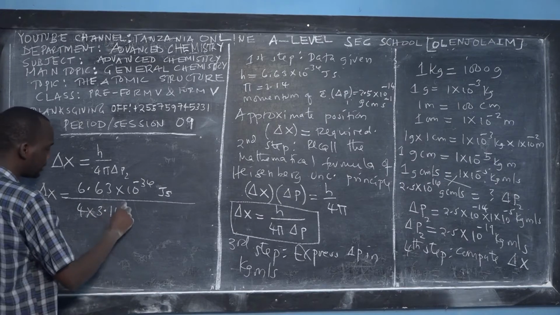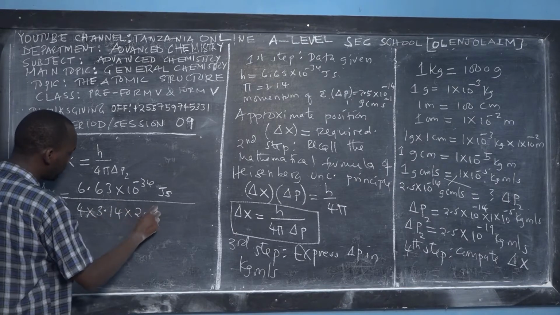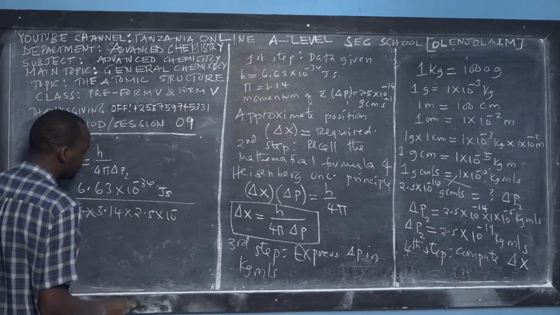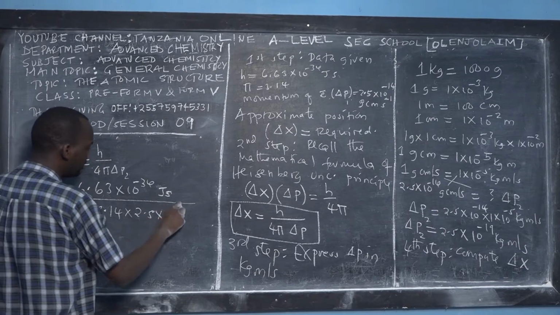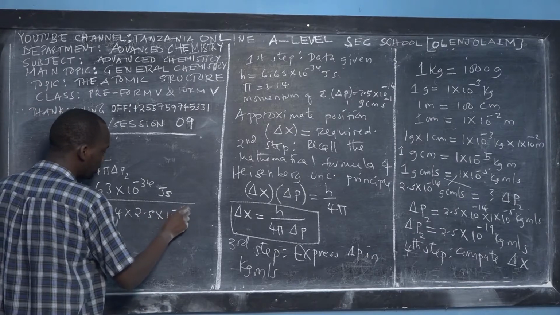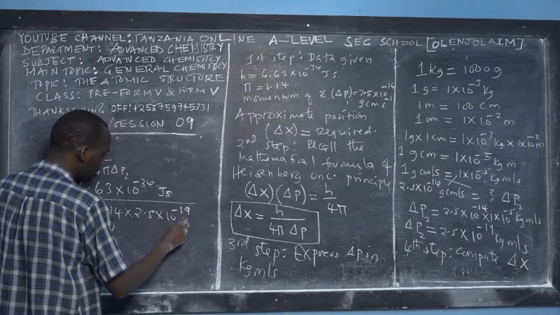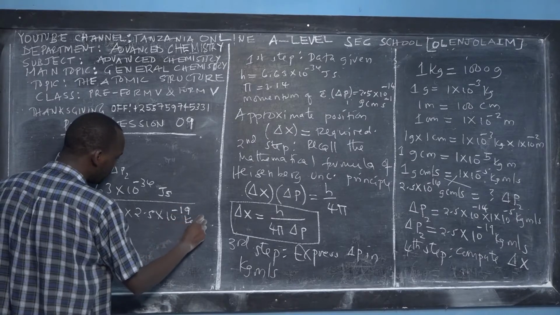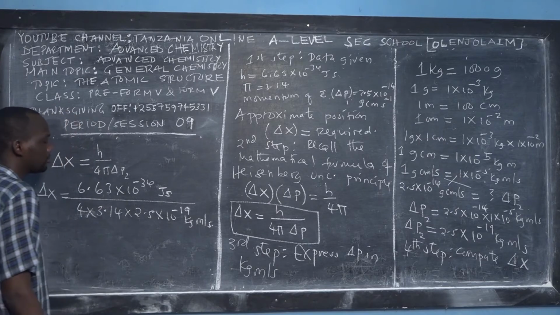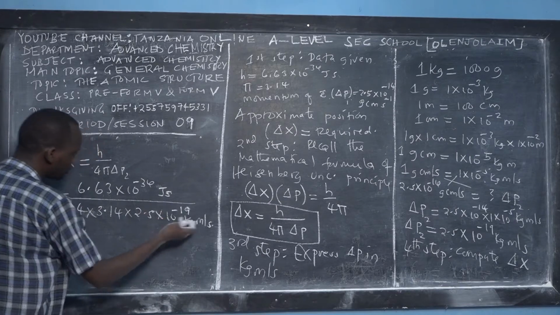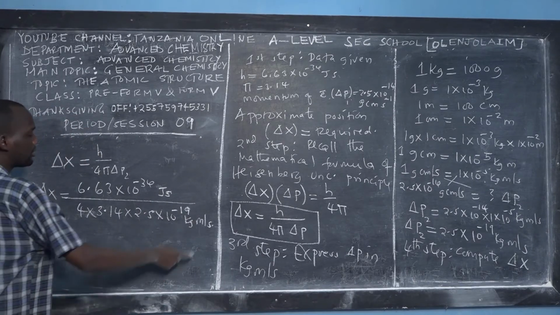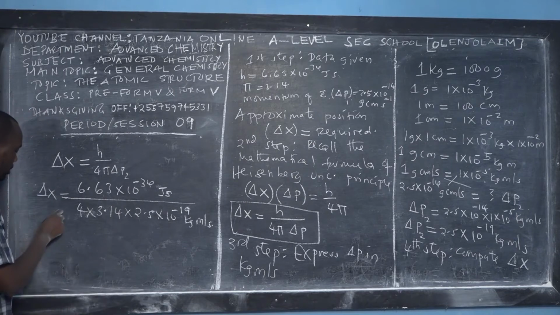Don't use the one that is in the scientific calculator. Times 2.5 exponent negative 19. But the unit is what? The unit is kilogram meter per second. So you have defined joules. Something will cancel there. You have per second, then it will be second square. So we have delta x.